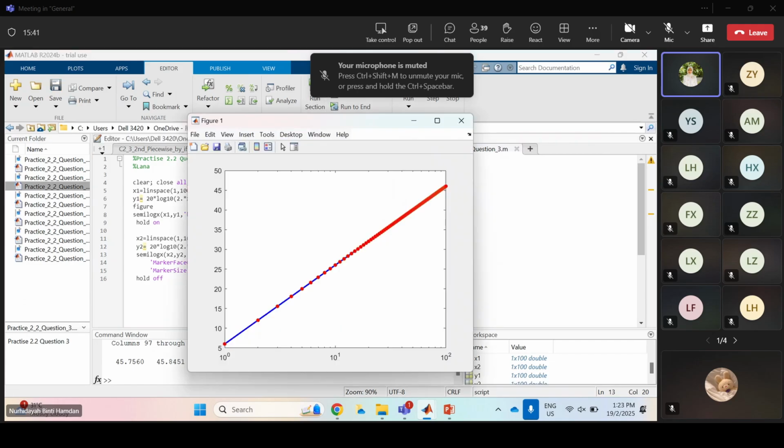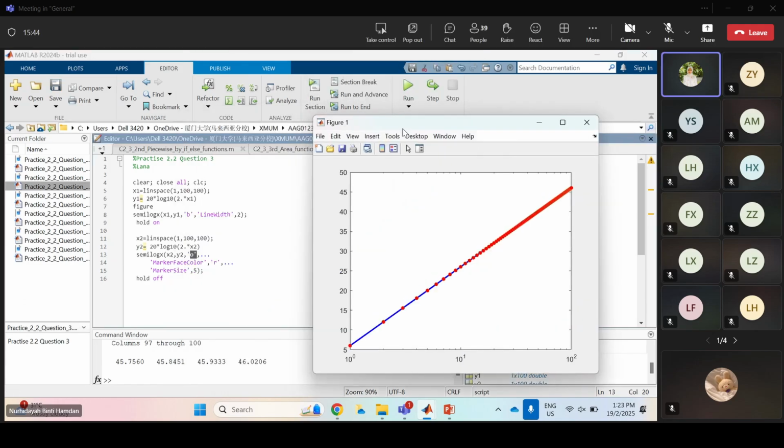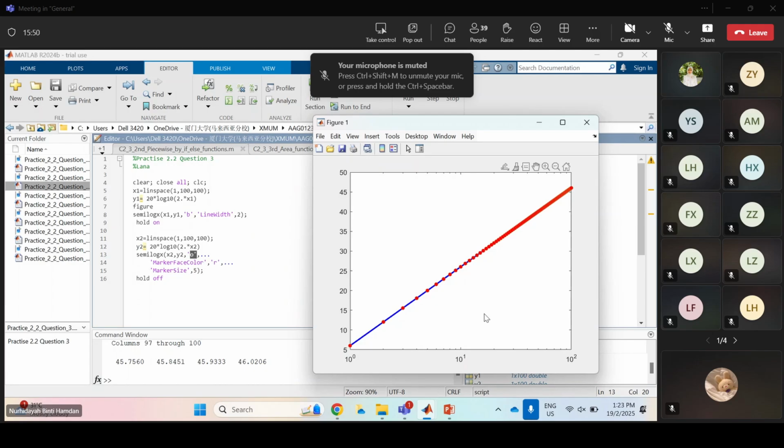So you see here, I have created markers that overlap with the graph. Some of my students ask me, what if we don't plot the graph and only plot the marker?